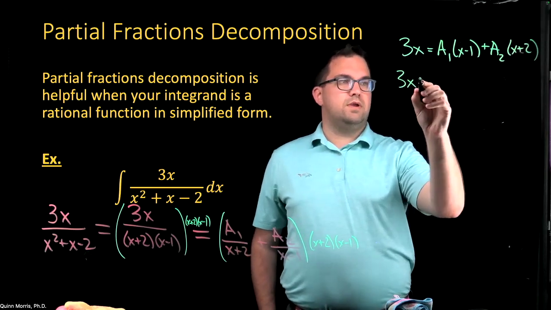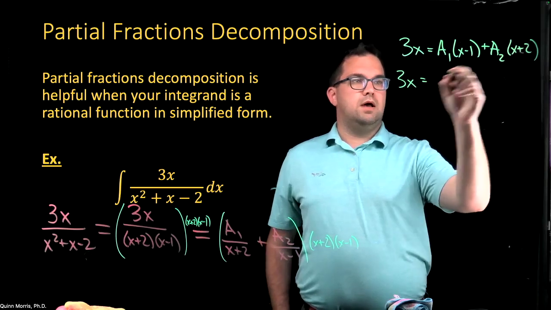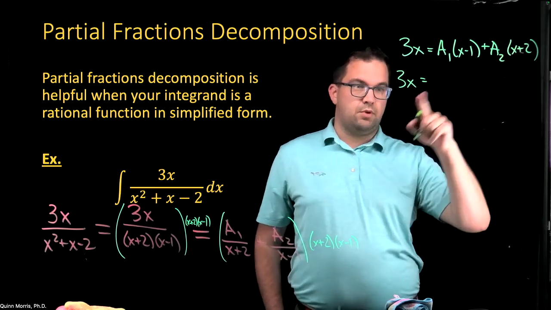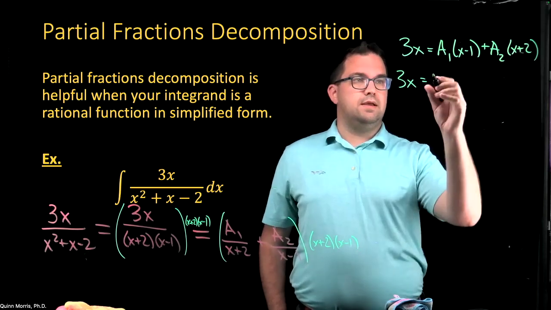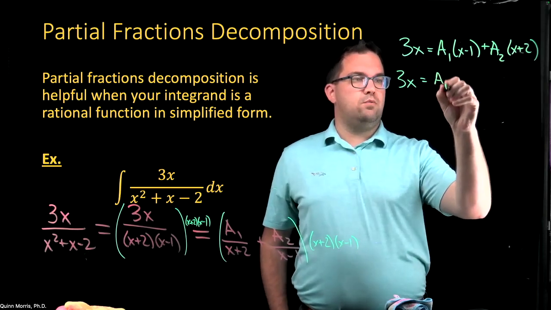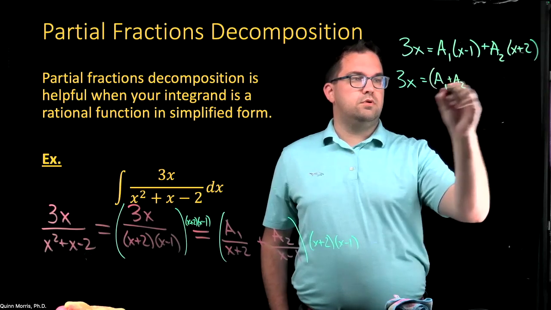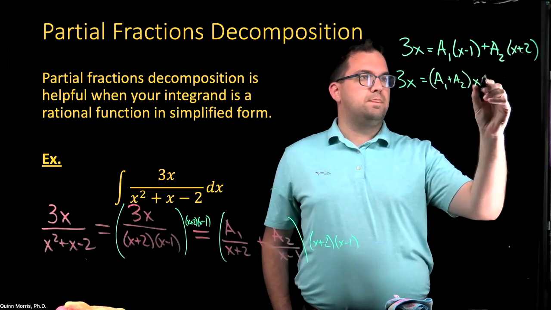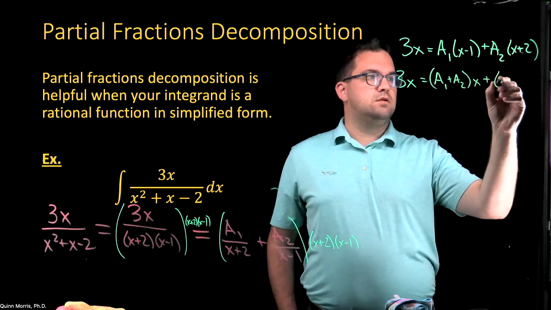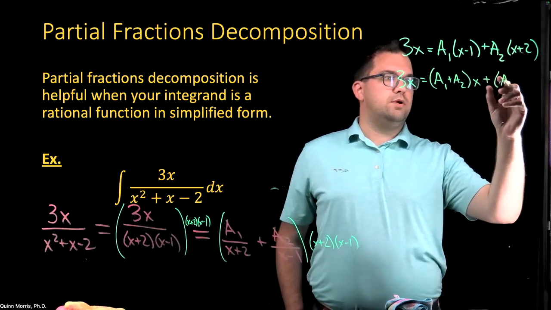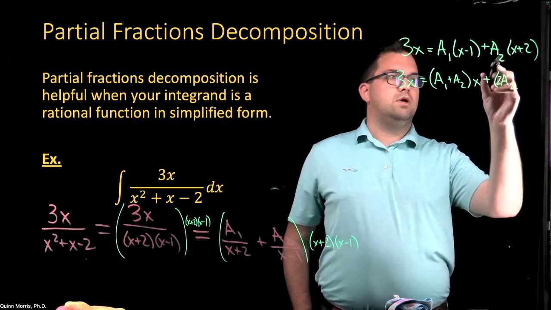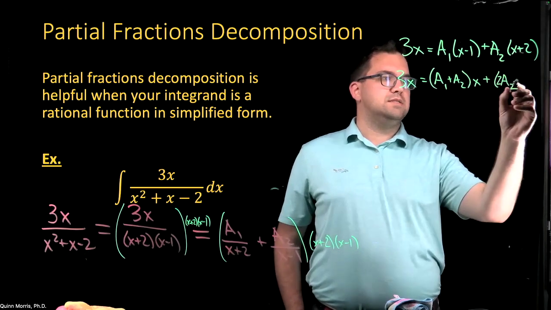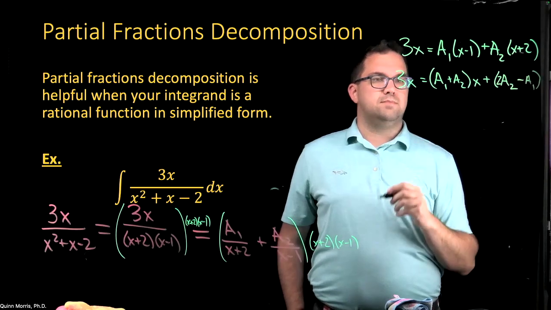So that gives me that 3x is equal to, again, a type of problem we've seen before, so I'm going to work through it rather quickly. But I should end up with an a1 plus a2 times x, plus 2a2, and then minus a1 as my constant.